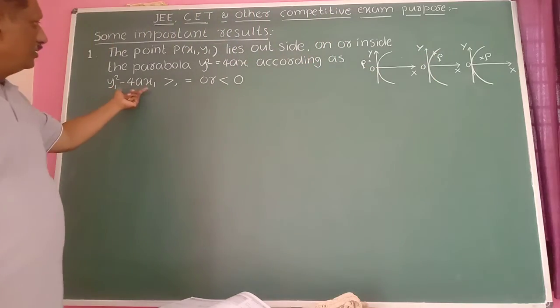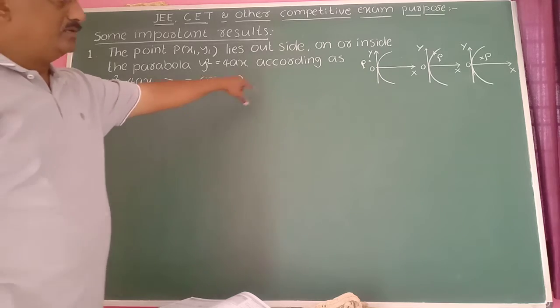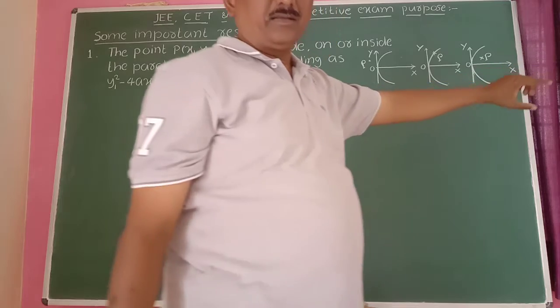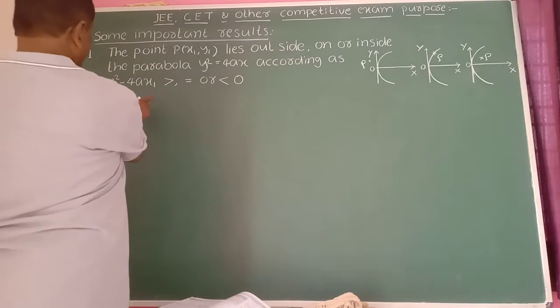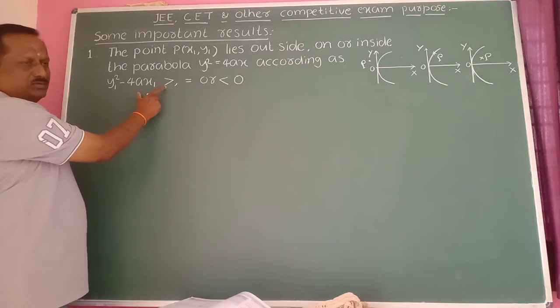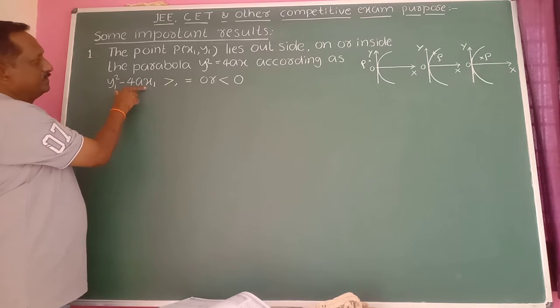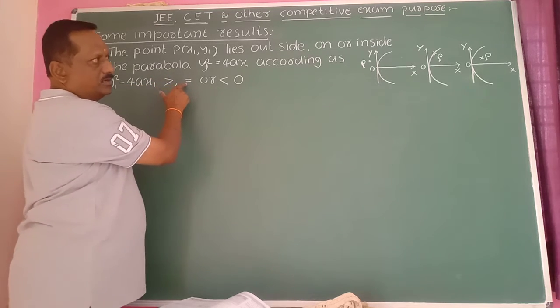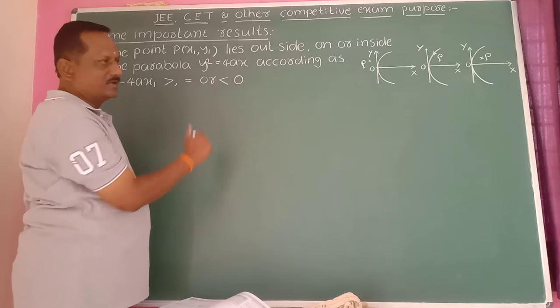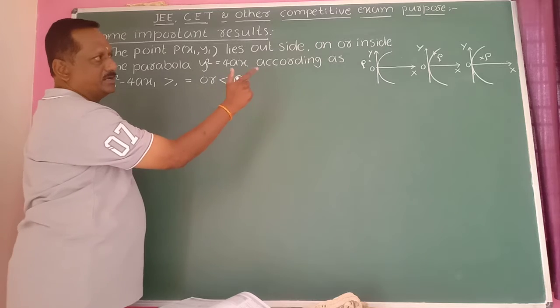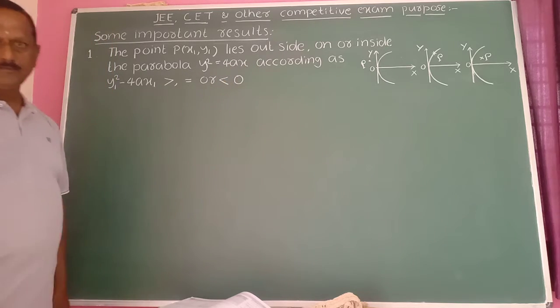And if this value is less than 0, then the point P lies inside the parabola. Therefore, if this value is greater than 0, point P lies outside the parabola. If equal to 0, P lies on the parabola. If less than 0, point P lies inside the parabola.